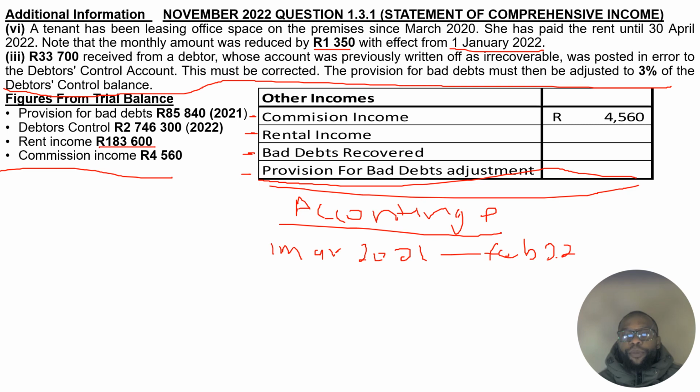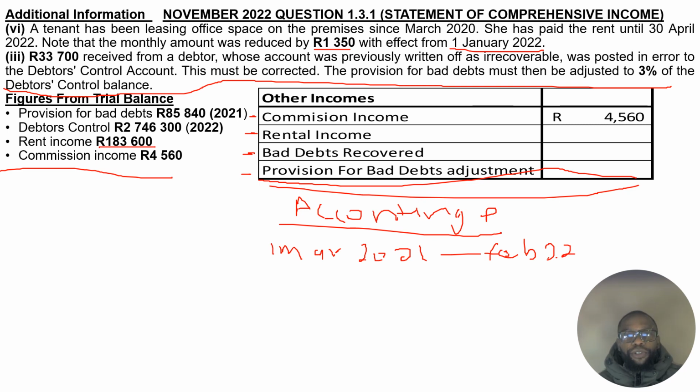So anything beyond February should not be included in our calculation. We should take it out. We are told here that the rental is paid up to April, meaning there are 2 months more than our 12 months, because it should be paid up to February. So it's paid for March and also for April. This is for 14 months.